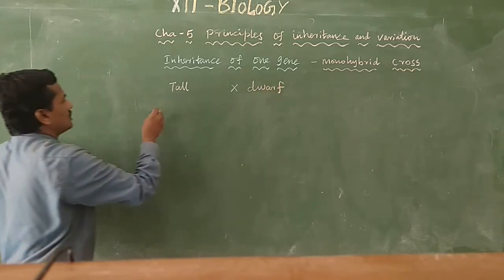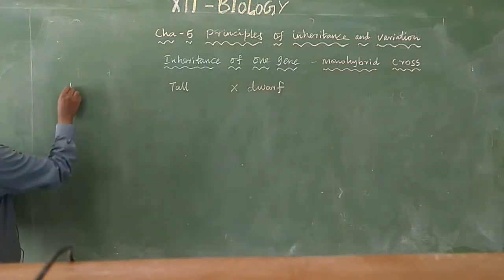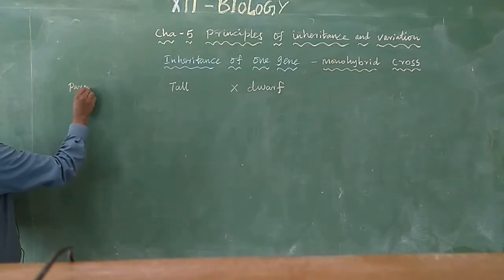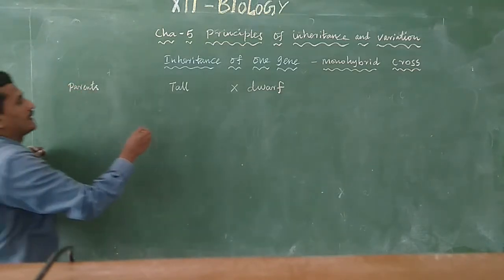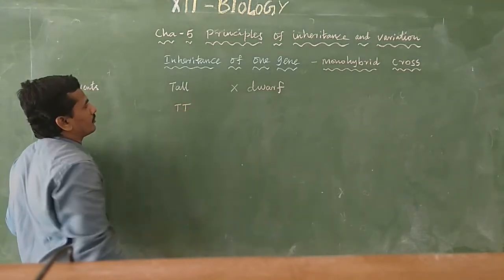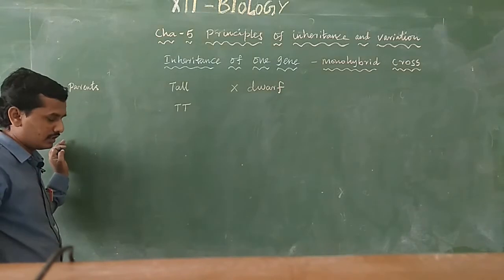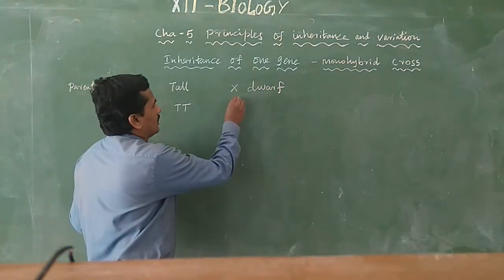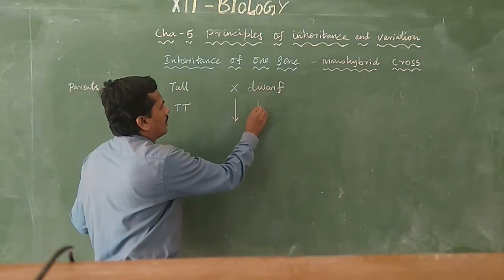What is meant by tall? It means a tall plant, tallness. For the tall plant we consider tallness as capital T. Tallness is controlled by two genes, capital T, capital T. Dwarfness is controlled by small t, small t.